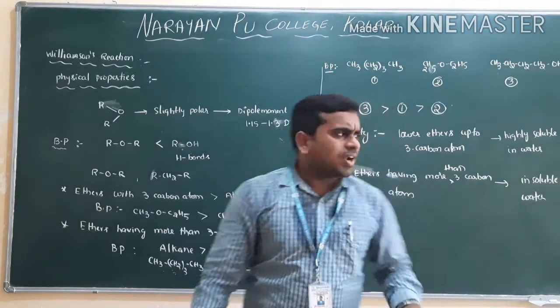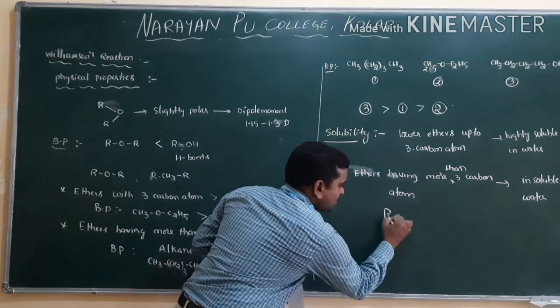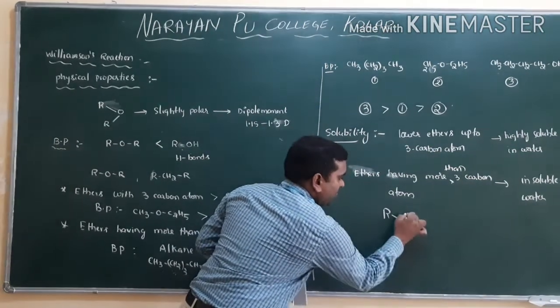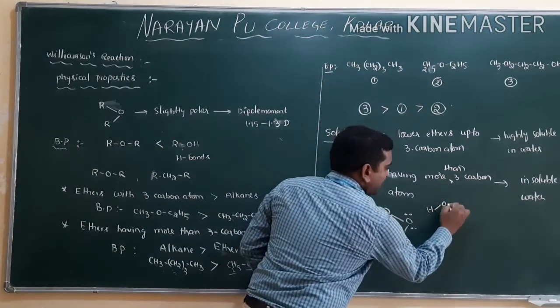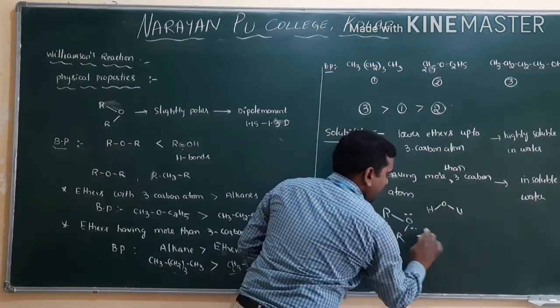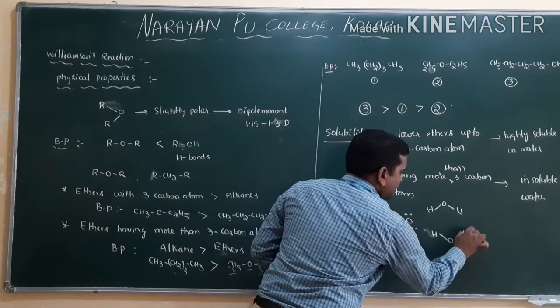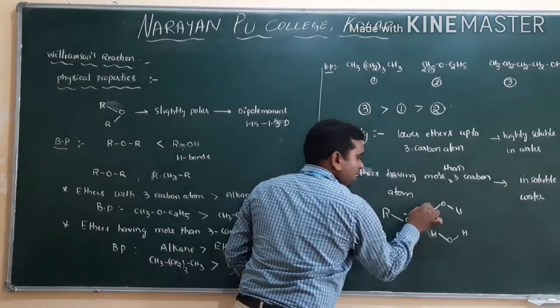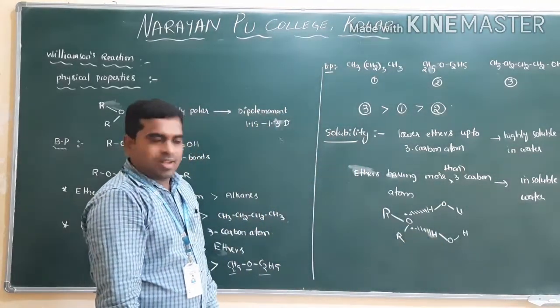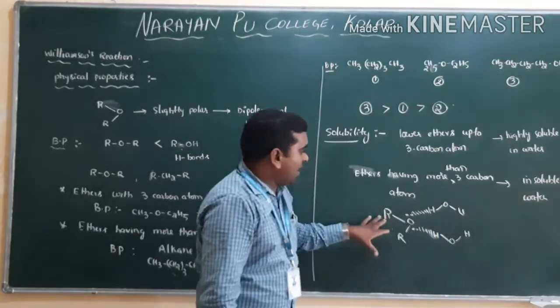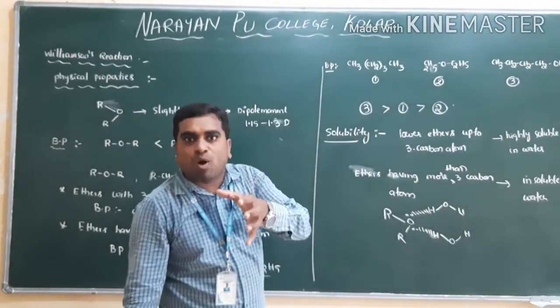And you already know that if you take ethers, this is the formula of ether. How many lone pairs are here? 2 lone pairs. So that's why they can form hydrogen bonds, donating the lone pair of electrons to hydrogen and forming hydrogen bonding. They can form hydrogen bonding when the alkyl groups are very small.